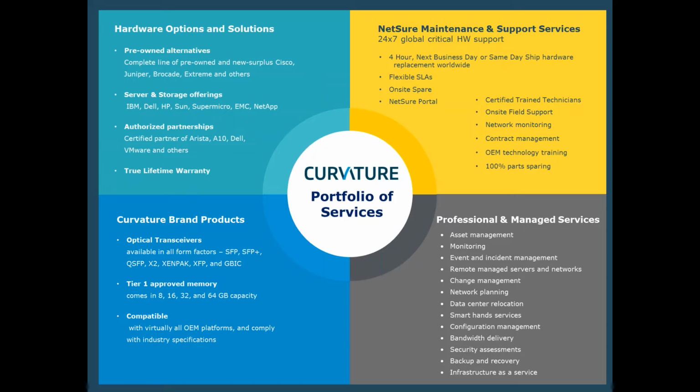We also carry our own Curvature branded products, so optical receivers and even Tier 1 approved memory. From the hardware options and solutions, everything from pre-owned alternatives, whether it's Cisco, Juniper, Brocade, server and storage offerings from the top vendors, and partnerships with all the other accessory items that you would typically find in a data center environment.